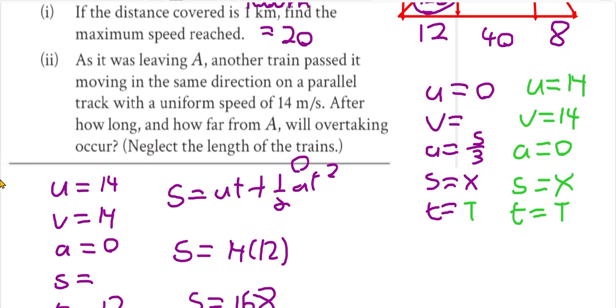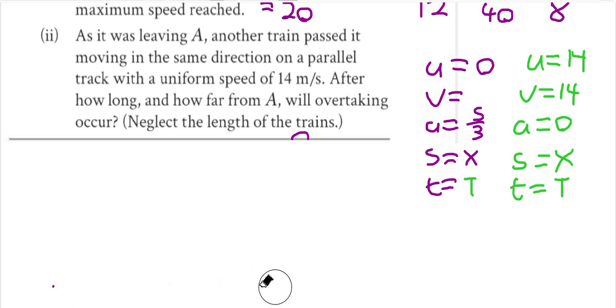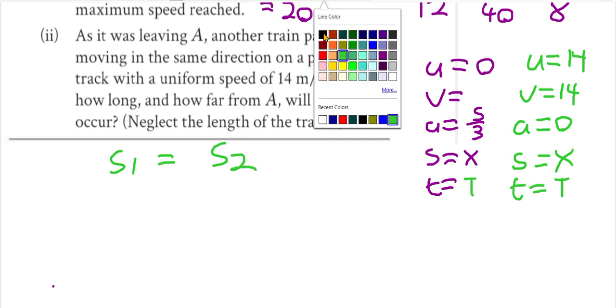Remember what I said earlier when we were acting out the scene with the bikes? What happens at overtakes again? s1 has to equal s2. And what is s1? Let's run our formula: ut plus a half at squared.